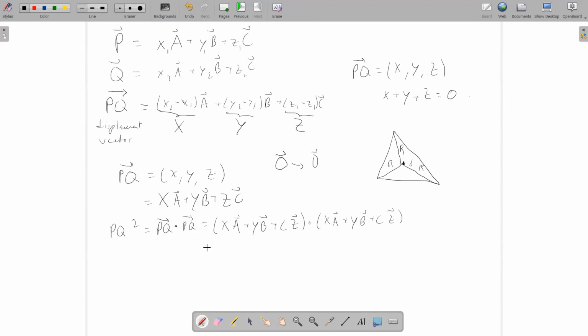If you dot this out and do all the necessary computations, which I will skim over in the interest of time, you use at some point that X plus Y plus Z equals 0. So you do this, and you get that this is equal to minus A squared YZ minus B squared ZX minus C squared XY, where A, B, and C are the sides of the triangle.